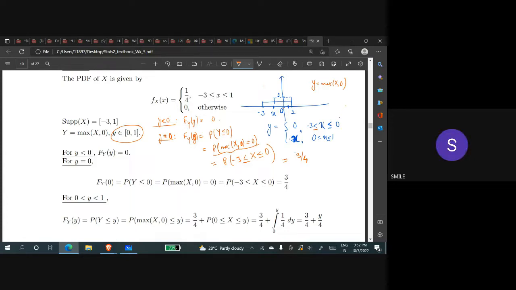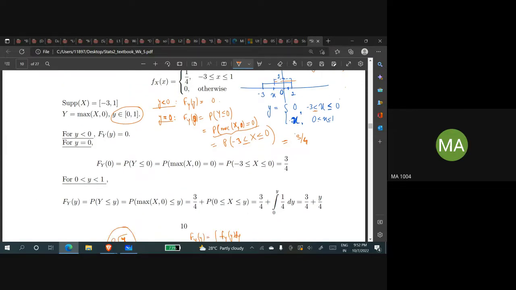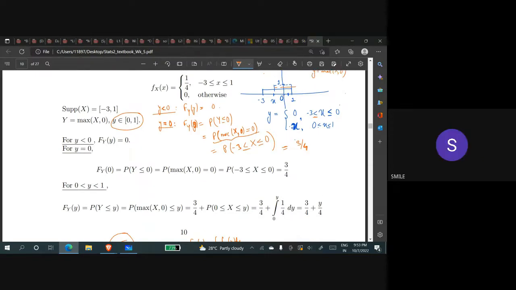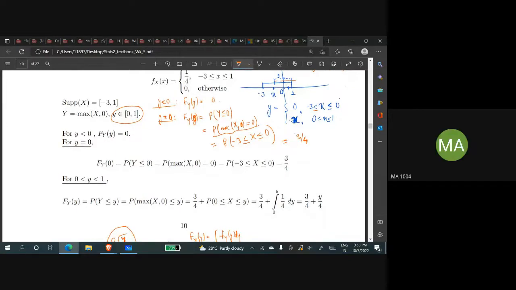Now, if you look for the CDF when y lies between 0 to 1, then in that case, what happens? It is x. Y equal to x, right?